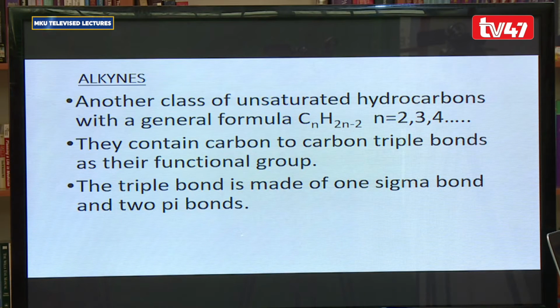And in that case, the general molecular formula for alkynes is CnH2n minus 2, whereas for straight chain alkenes it is CnH2n. For straight chain alkynes, the general molecular formula where you have only one triple bond is CnH2n minus 2, where n can be 2, 3, and so on. There is no 1 in this case because you cannot have a triple bond where there are no two carbons.